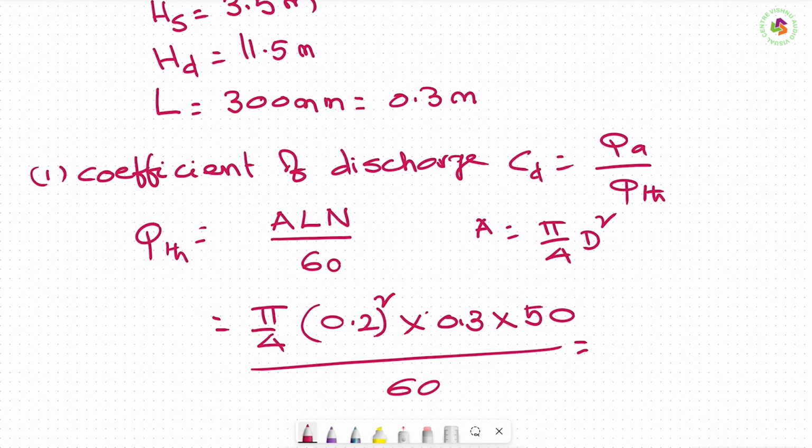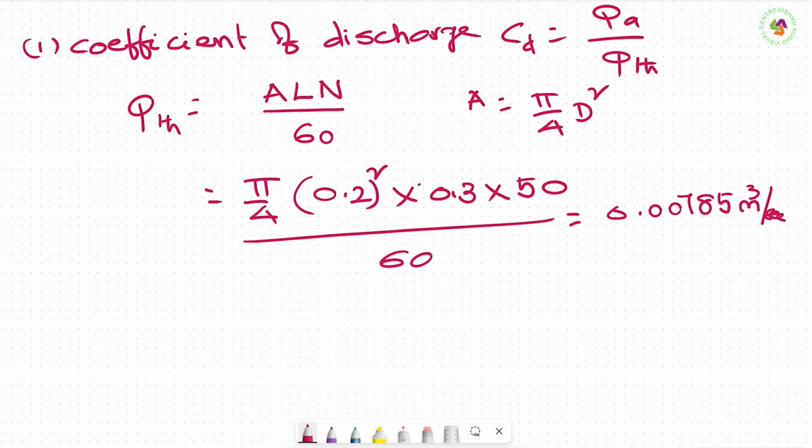If you calculate this, the theoretical discharge is 0.00785 meter cube per second.